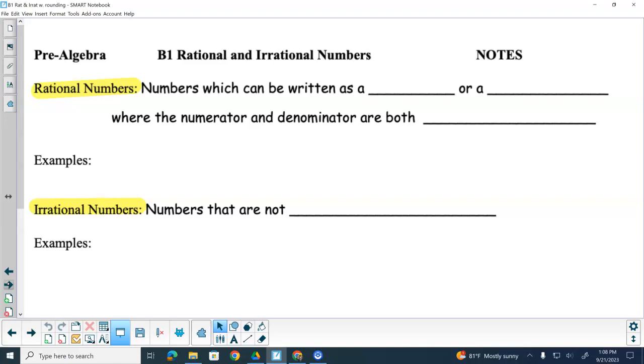I know that for some of you, this next word makes you a little anxious, makes you get a little angry inside. But it's not that bad of a word. It can be written as a fraction. So a rational number is any number that can be written as a fraction or a decimal.